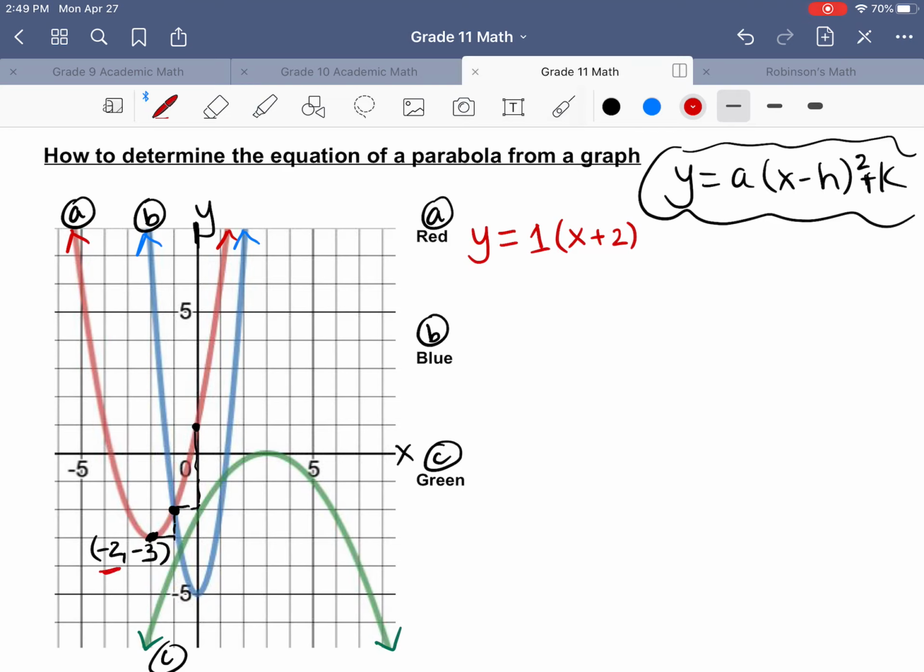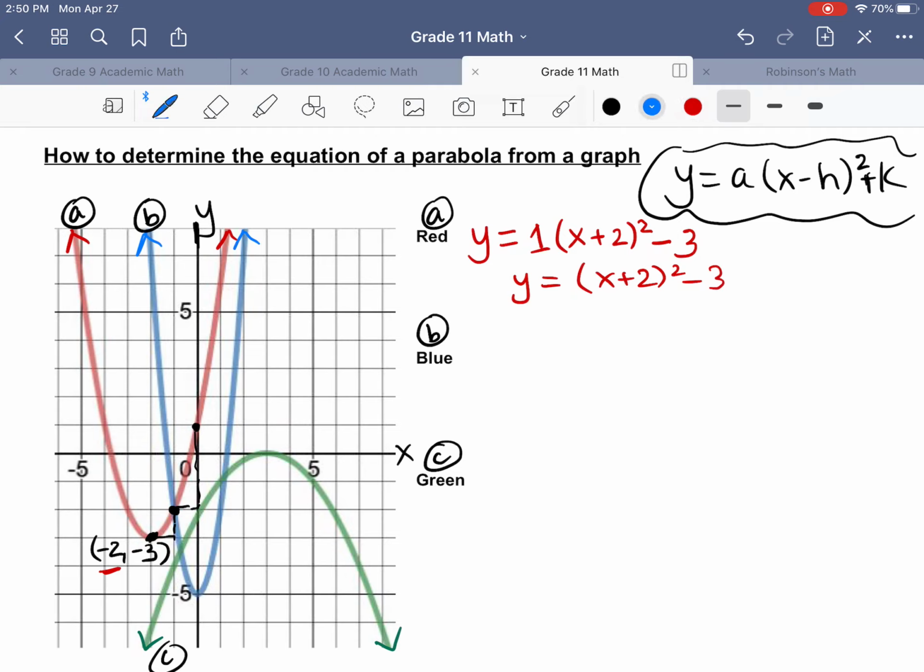Down here we have that -2, so it is the opposite sign, squared. And then our k value, which gives us the y coordinate of the vertex, is -3. Now you don't have to have that 1 right there. If you want, you can just write it like this: y is equal to (x plus 2) squared minus 3.